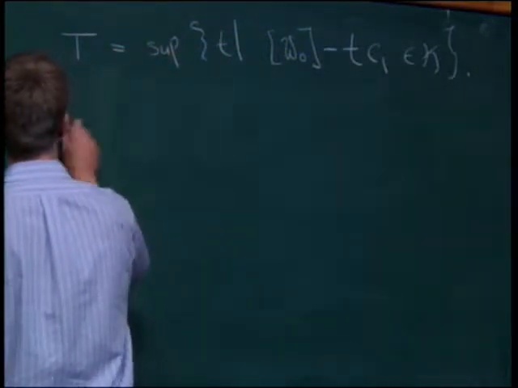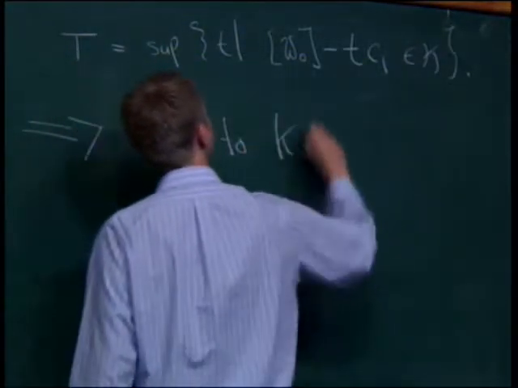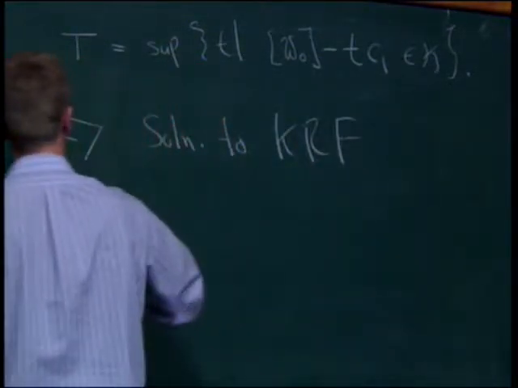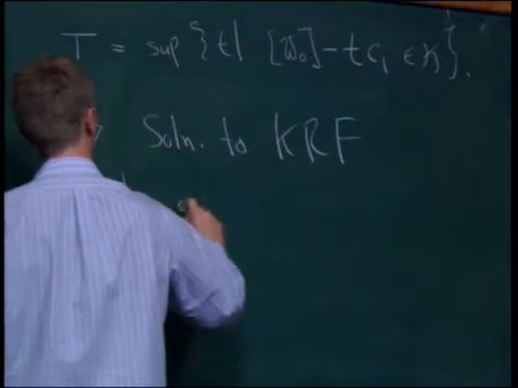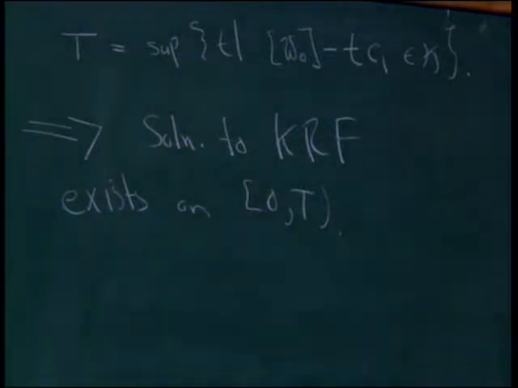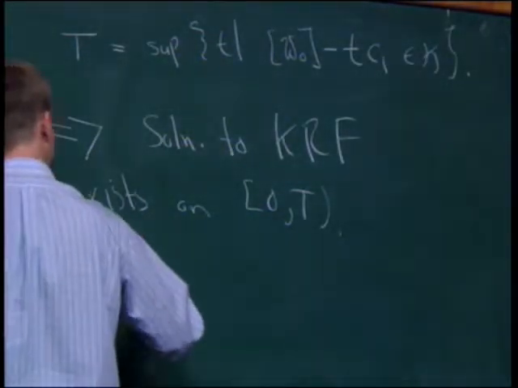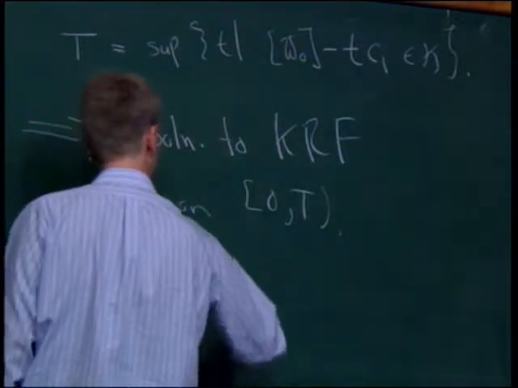So the implication is the solution to Kähler-Ricci flow exists on [0,T). Okay? So very roughly, what's kind of amazing about this theorem is this sort of ODE implies PDE.